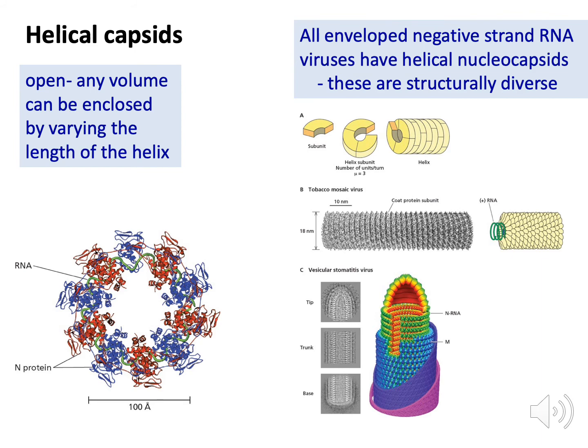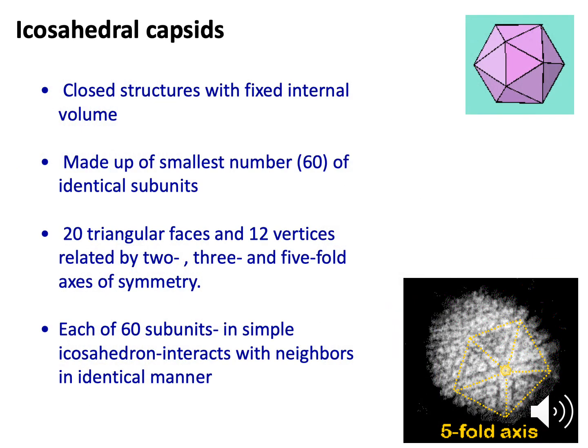4 to 5 angstroms. Icosahedral capsids are fundamentally different. They are closed structures with a fixed internal volume. So you couldn't engineer a virus that had twice the amount of nucleic acid and get it packaged because it wouldn't fit inside the virion. And these icosahedrals are made up of 60, the smallest number, of identical subunits, and they have 20 triangular faces.